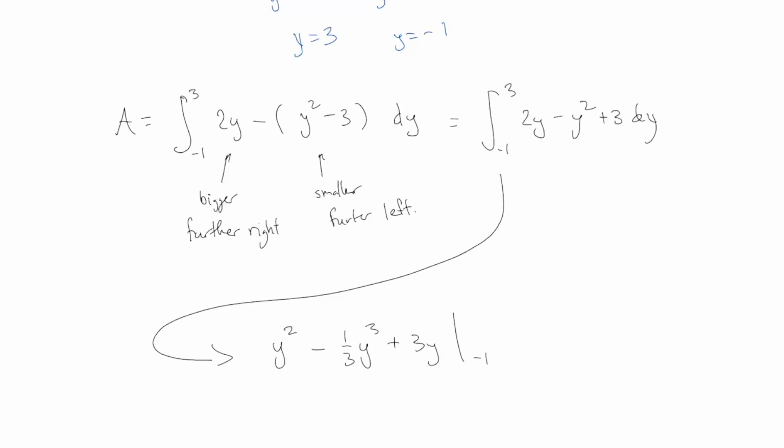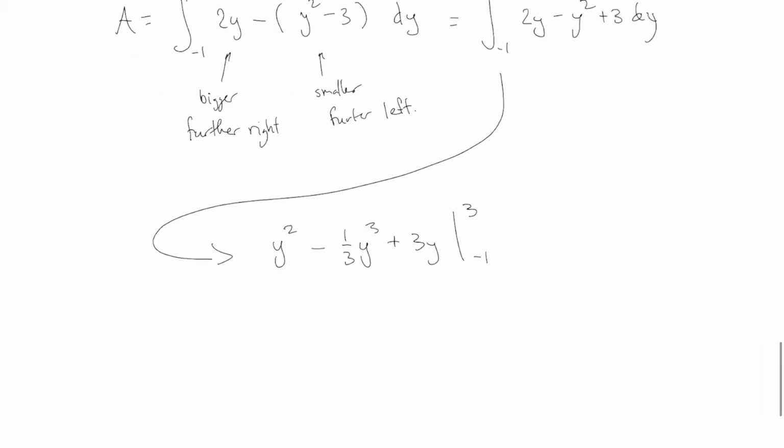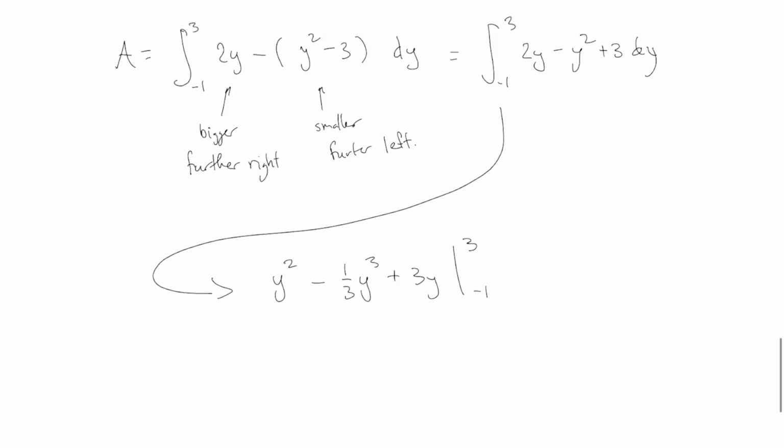I'm plugging in 3 and minus 1. So we end up with 3 squared minus 1/3 times 3 cubed plus 3 times 3, minus all this with negative 1 plugged in: minus 1 squared minus 1/3 times minus 1 cubed plus 3 times minus 1. There you go.